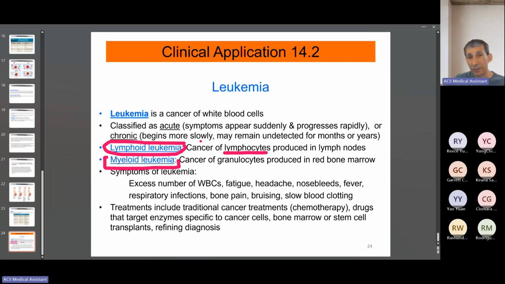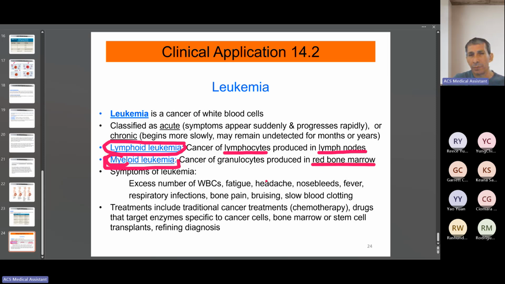So you don't have to kill yourself learning all this, but there is lymphoid leukemia and myeloid leukemia. So that is what you need to understand. This lymphoid, because it's the lymph nodes that produce these cells. Myeloid, because myeloid is bone marrow, and this is produced in the bone marrow.